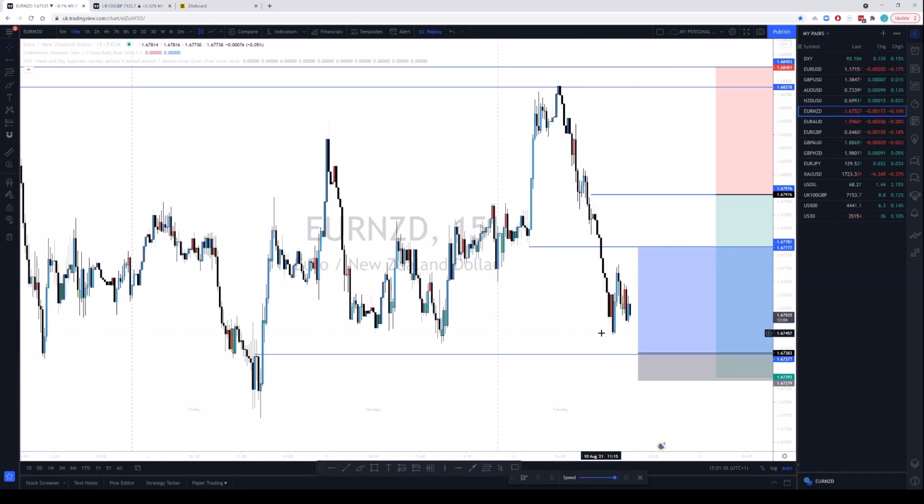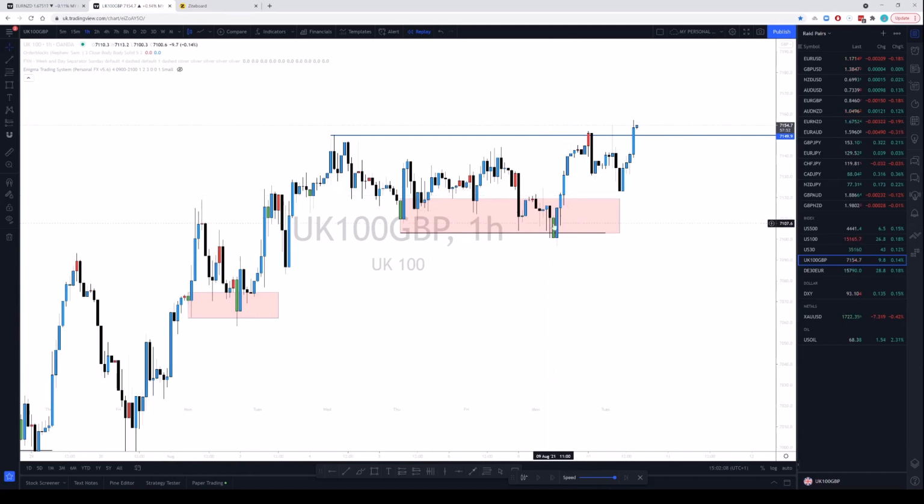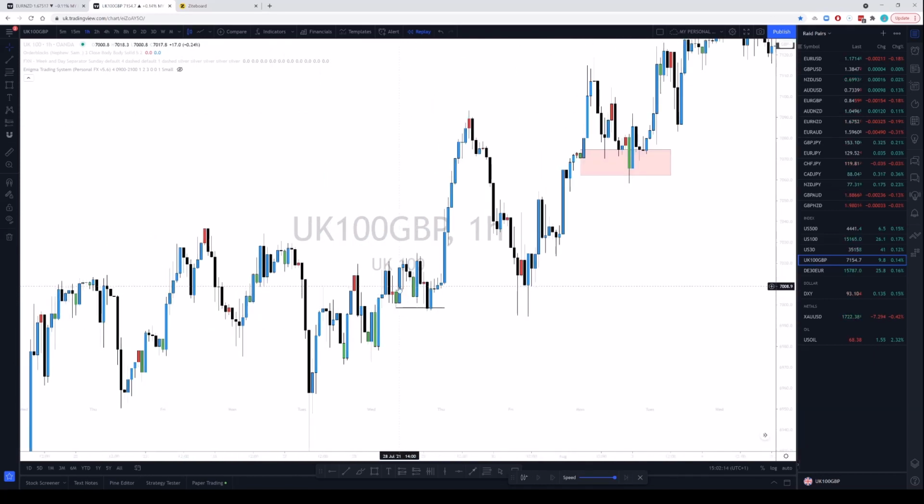Now, how do you trade it? That's a different thing altogether. You have to wait, because once that happens, it's going to create a new order block, right? Once that happens, it's going to create a new order block away from the one that has been traded. So here, takes this one out, it will create a new order block.